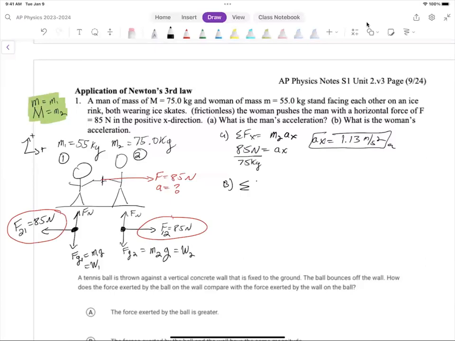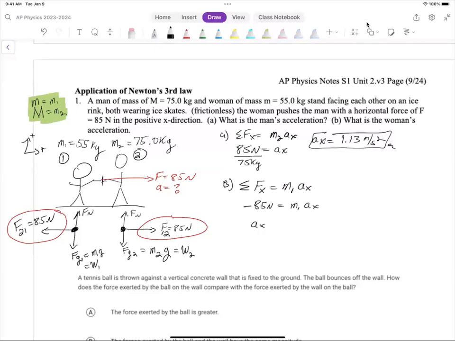So I'm now going to sum the forces on the woman, again the forces acting on the woman in the x direction, which equal the mass times acceleration. What mass? That's the mass of the woman, and that is her acceleration. There's only one force acting on the woman, and it's to the left, so I better keep that negative. And then that will equal the mass of the woman times acceleration.